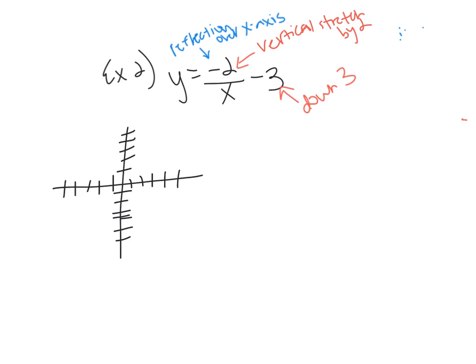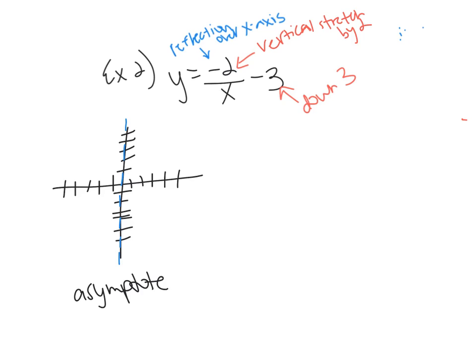Okay, and again, normally our symmetry starts at 0, 0, and we have asymptotes at 0, 0. Notice here, I'm not moving it right or left at all, so my vertical asymptote is going to stay at 0.